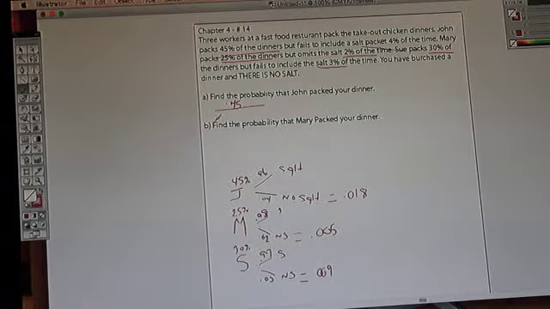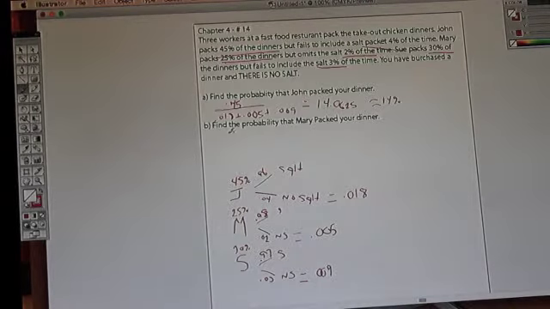So that will be 0.018 plus 0.005 plus your 0.009. When you figure this out, you get the total probability of 14.0625, or about 14% that John was the one who packed your dinner.